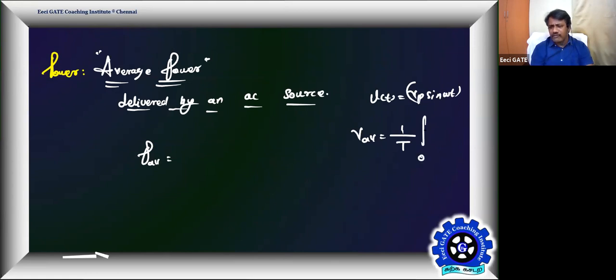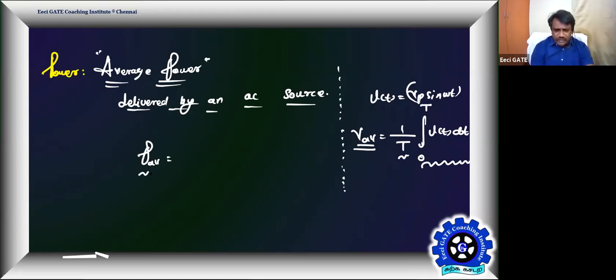Integrate that profile over a period, 0 to T, which means taking the area of v of t with respect to time, then go for averaging. Get the total area and average it with respect to time. That's how we get the average of any instantaneous periodic waveform.